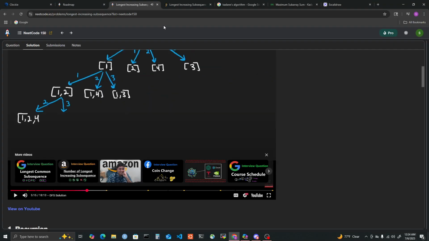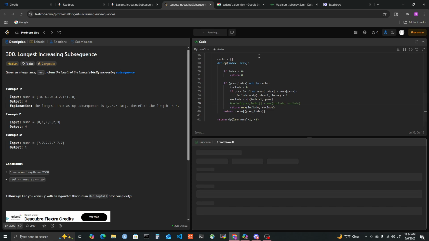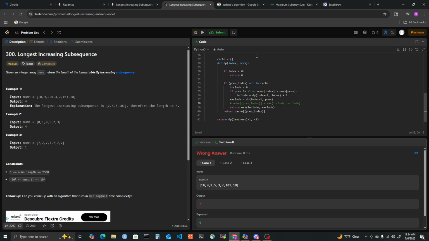Wait, sorry. Out of curiosity. This doesn't work, right? Wait, if this doesn't work, then that means my whole solution's messed up. Okay.